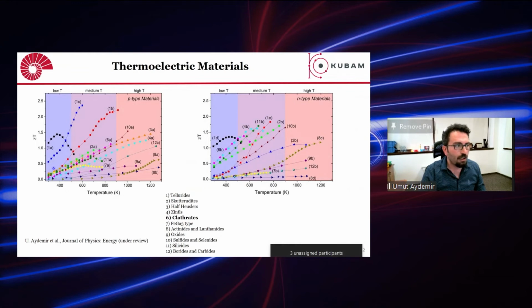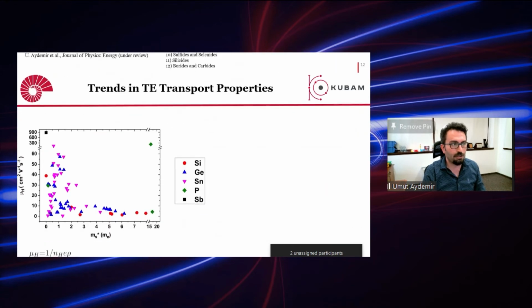So this is kind of a good thermoelectric in the p-type at the mid-temperature range, but this one is rather low to mid-temperature range. So clathrate thermoelectrics can be good for both the low temperature or the mid-temperature applications. And there are other materials in the clathrates, they can be even functional at higher temperatures.